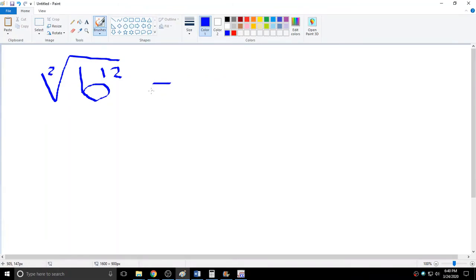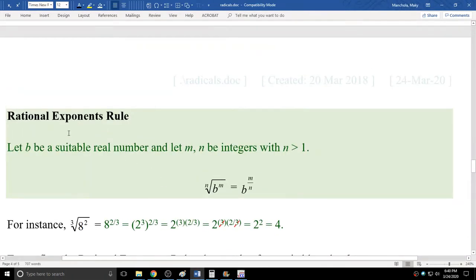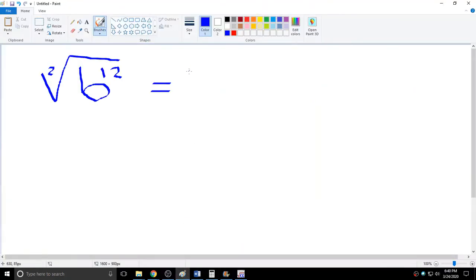Now I use the rational exponents rule, which is the nth root of b to the m is b to the m over n. So I get b to the 12 over 2, which is 6, right? So my final answer is b to the power 6.